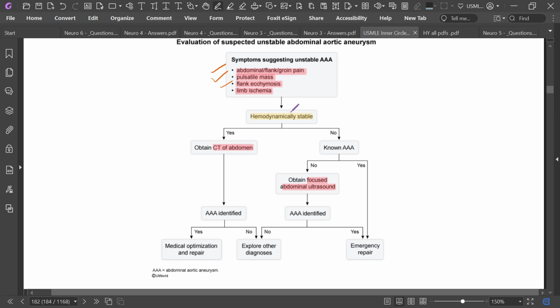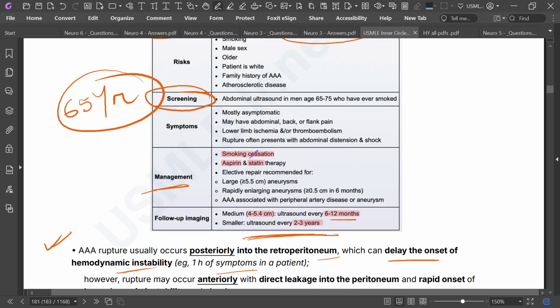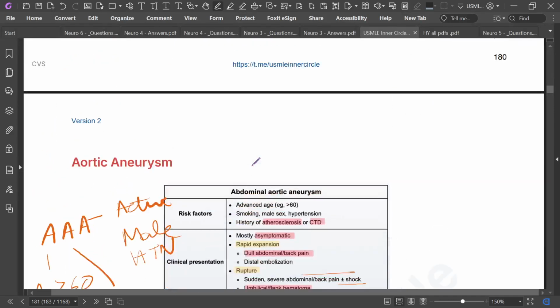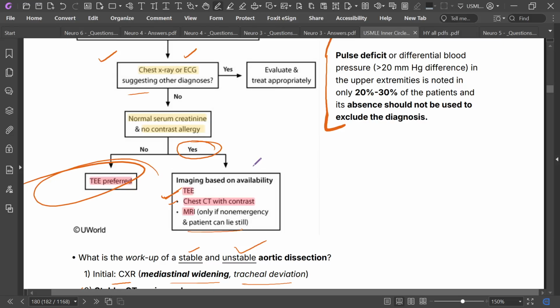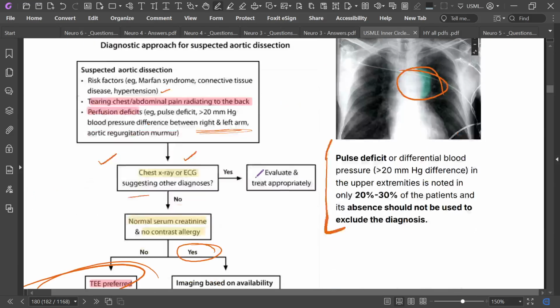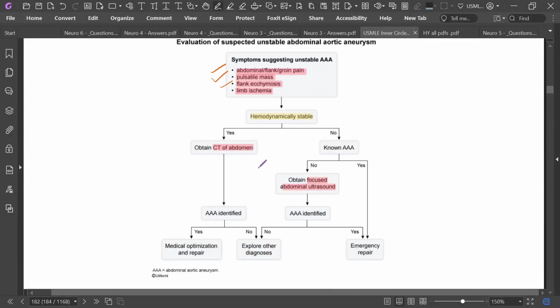If the patient is hemodynamically stable, obtain a CT scan of the abdomen, CT angiography.